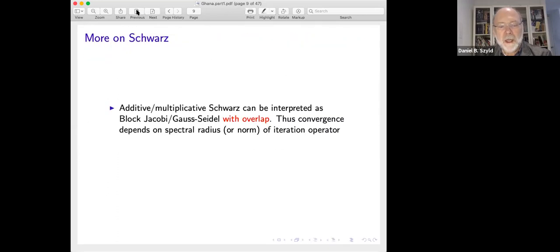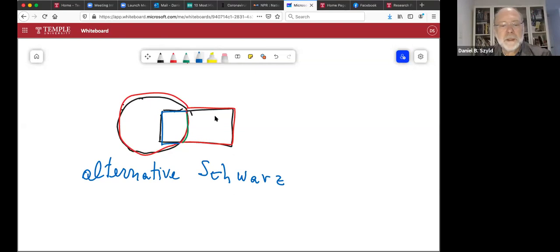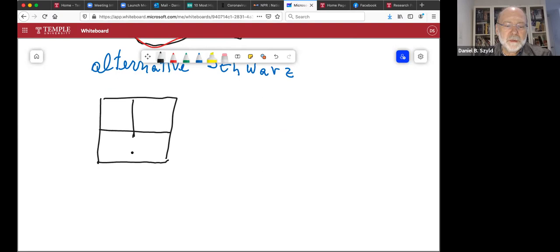So let me go back to my board so I can try to explain this to you if you're not familiar. So if you have a matrix, right, you can separate it into blocks. And then you want to solve AX equal B, then you can use this block.